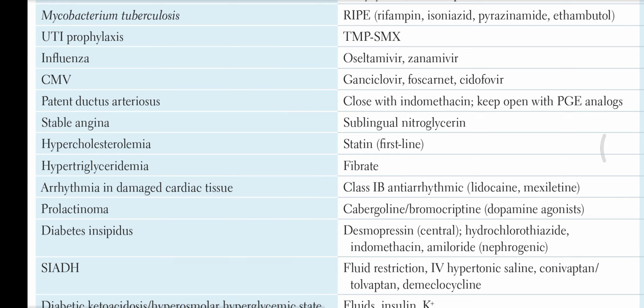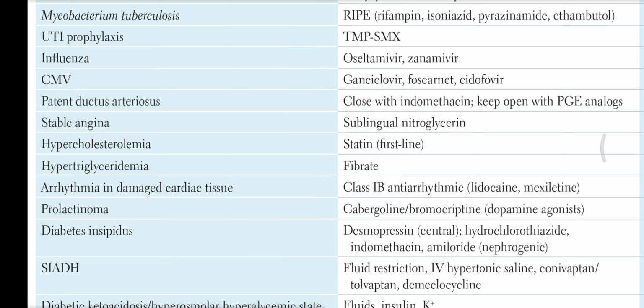PDA, patent ductus arteriosus: it closes with indomethacin and is kept open with PGE analogs.